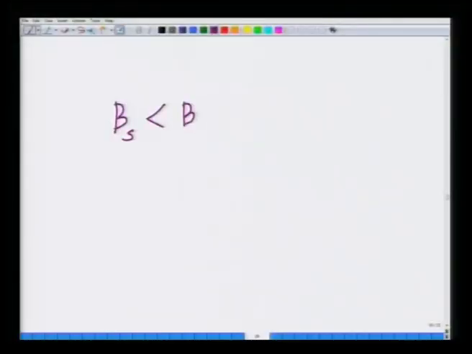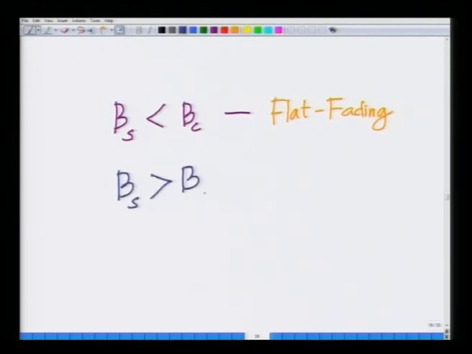Bs less than Bc, it is flat fading, and Bs greater than Bc, it is frequency selective distortion.